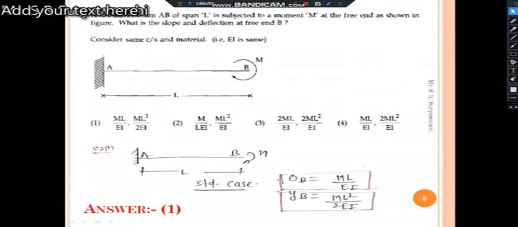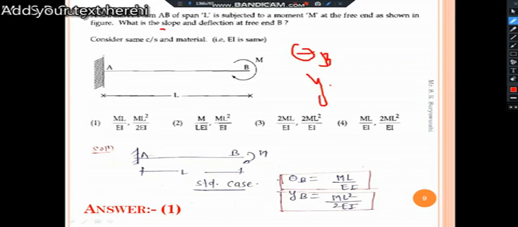A cantilever beam of span L is subjected to moment capital M at the free end as shown in the figure, and we have to find out the slope and deflection at the free end. Means we have to find out theta B and we have to find out YB.